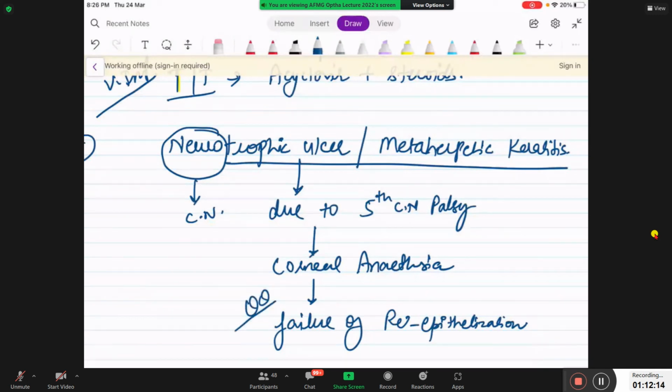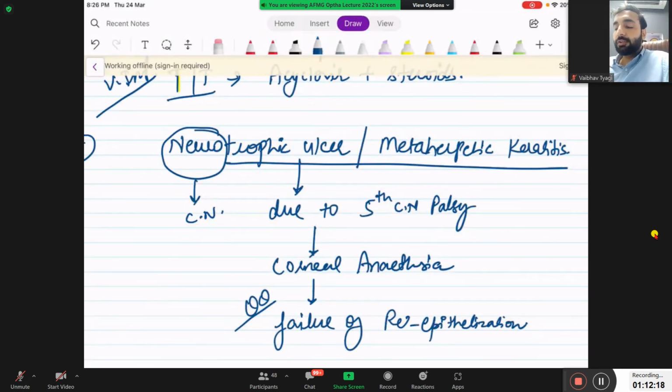This is an important question. So for neurotrophic ulcer, remember it is seen because of fifth cranial nerve palsy.